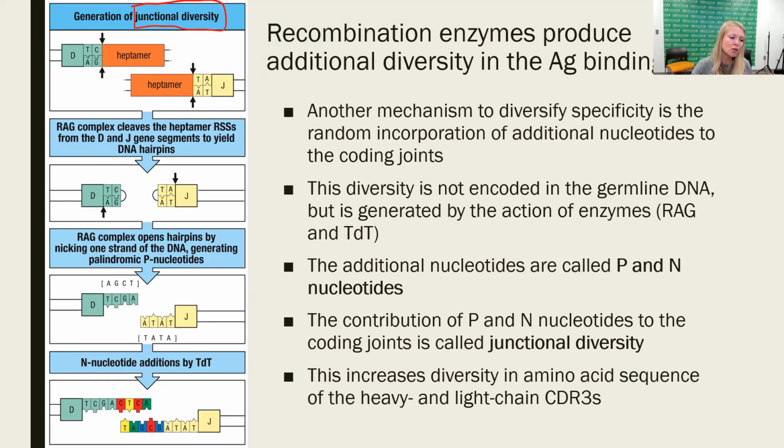It's like, let's throw some nucleotides in here and mix it up a little bit. I know those nucleotides weren't coded in the mRNA, but who cares? We'll just throw some in. Those are called P and N nucleotides. The P is because of the palindromic, and I don't know what the N stands for. It doesn't matter. They're P and N, but they'll just add in extra nucleotides and make more diversity. We call this junctional diversity, and it's going to increase the diversity within the amino acid sequence.